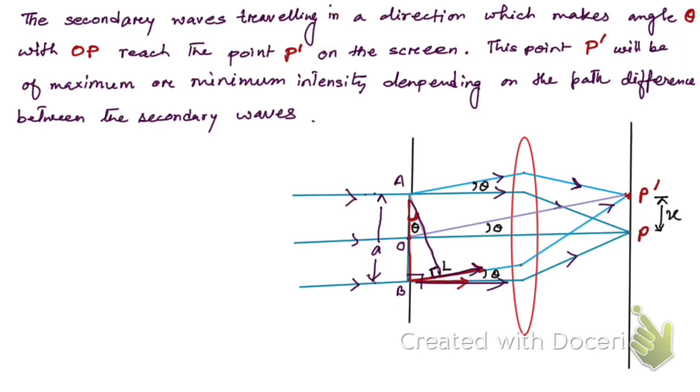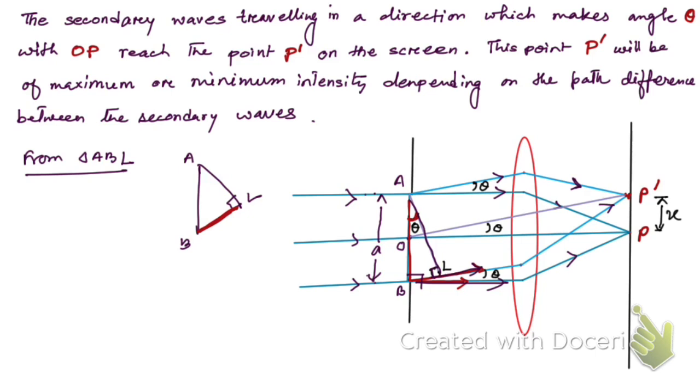Here you can see, from triangle ABL, this is AB, and this is the perpendicular BL. So this BL gives the path difference between these two waves, this one and this one, right? Hope you have understood this.